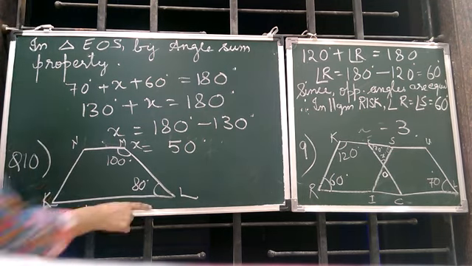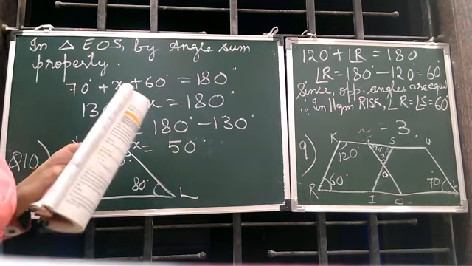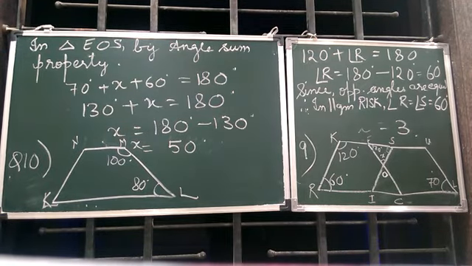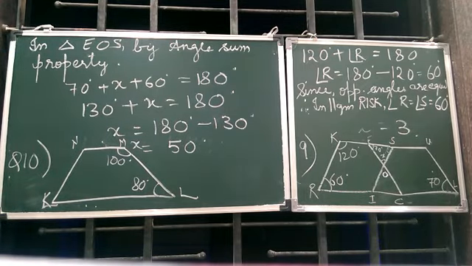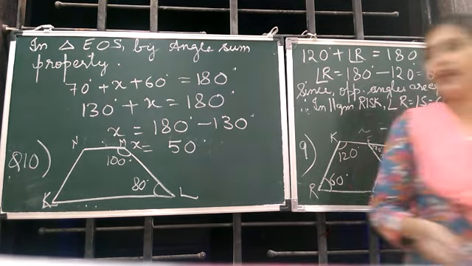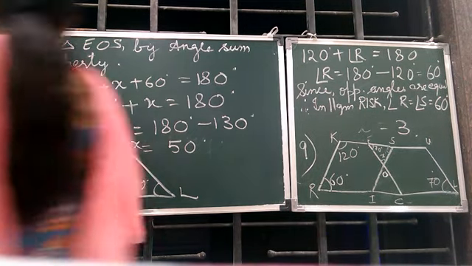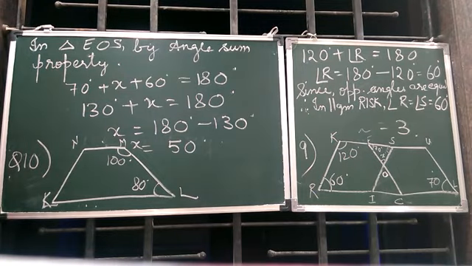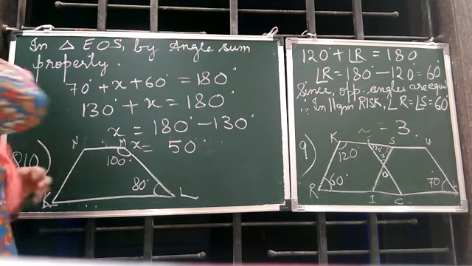Explain how this is a trapezium and which of the two sides are parallel. So, if any two sides need to be parallel, their adjacent angles should be what? Should be supplementary. Got it?